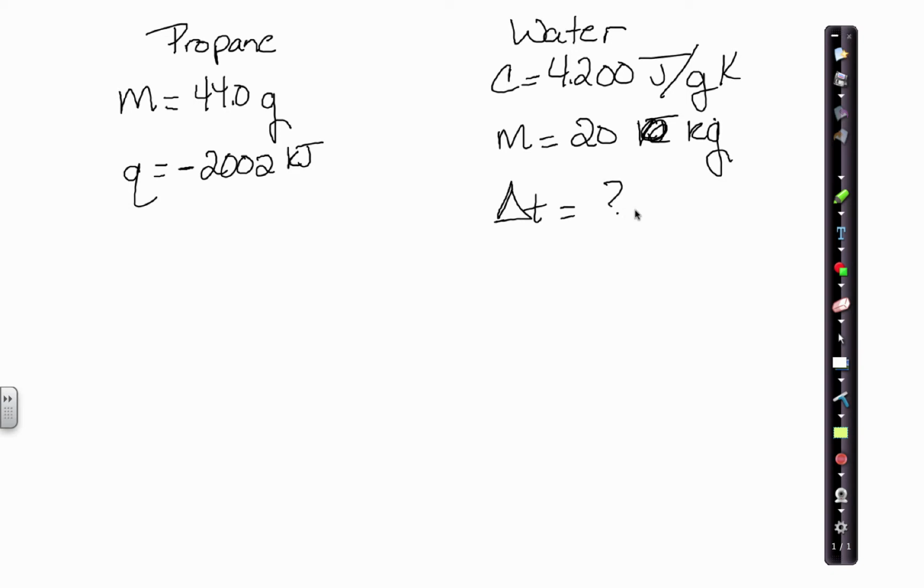Well, if I go back and look at the problem, I also know that in this system, the energy in the propane is being lost, but the water will gain it. So it's actually going to be 2002 kilojoules that I have gained. And that's going to be positive because water is gaining it.